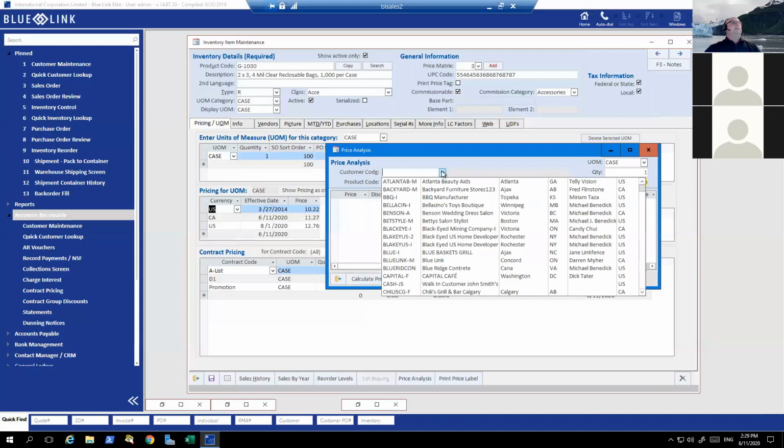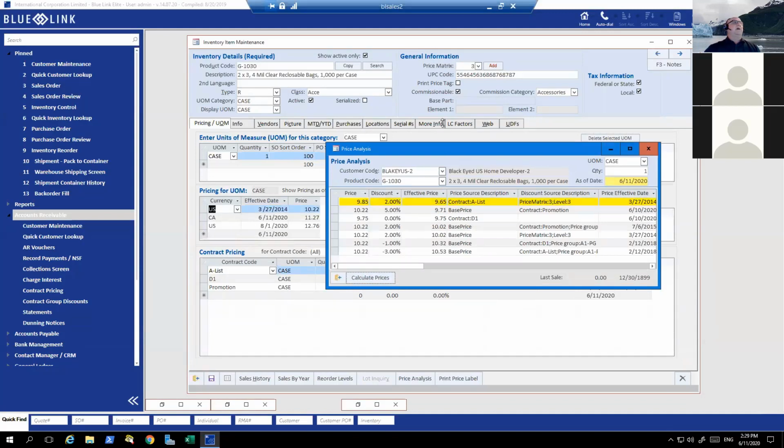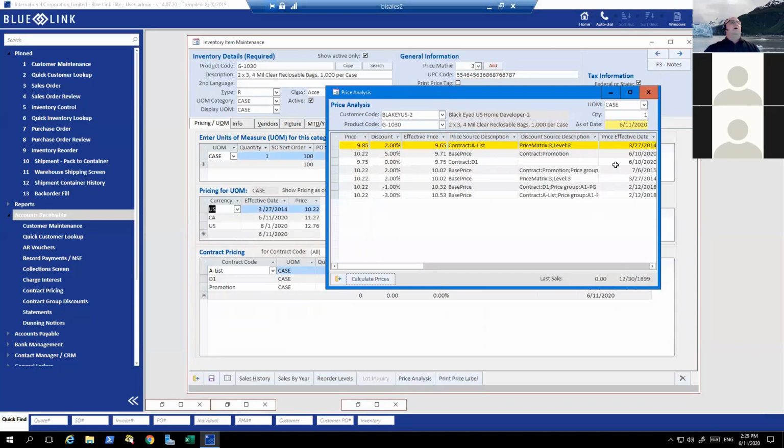If I do a price analysis for that same customer that I was playing with earlier, for one case, what you'll see now is a number of other scenarios or analysis. So you can see here that it's taking that 2% discount of this particular product, in this particular case for the contract D, it's now using the price group discount also.